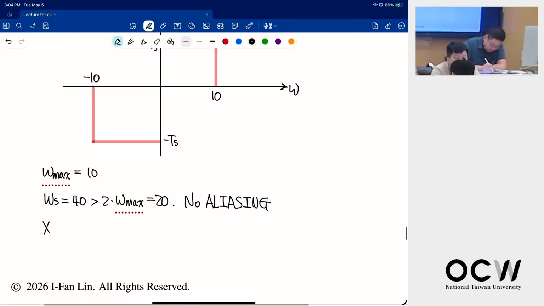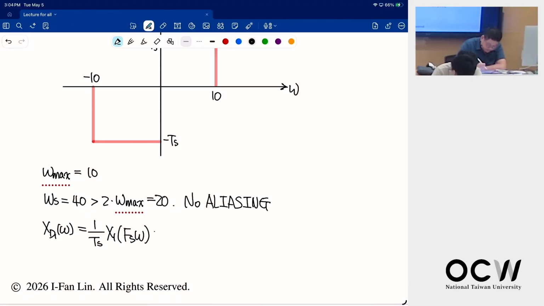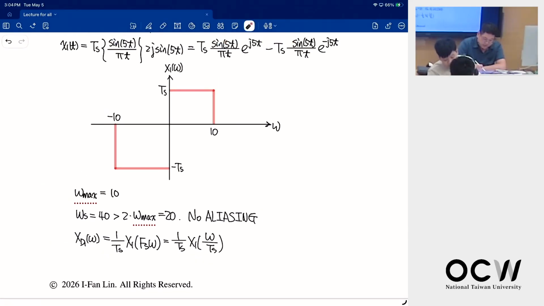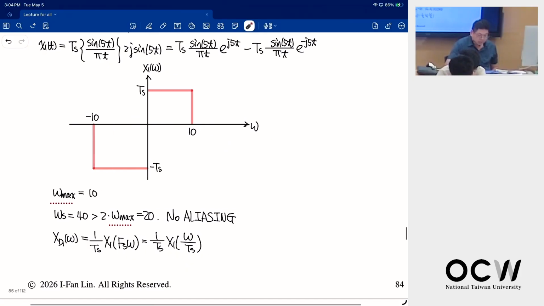Then your DTFT is one over Ts, so you times Ts to get your DTFT.